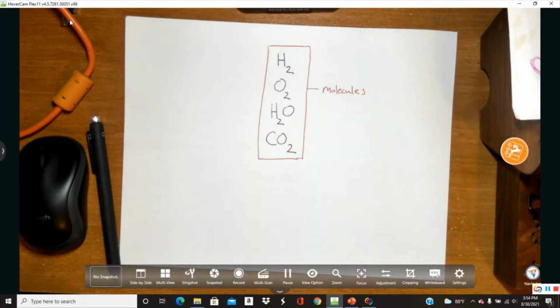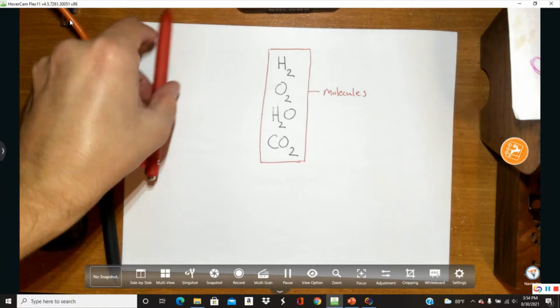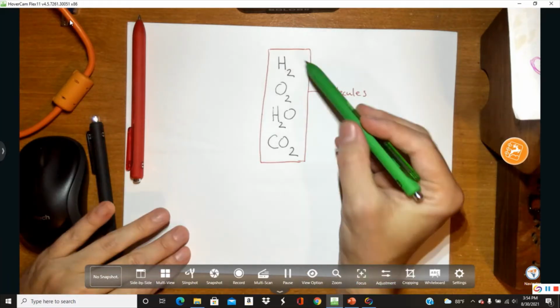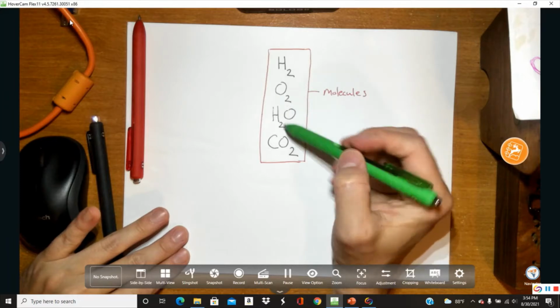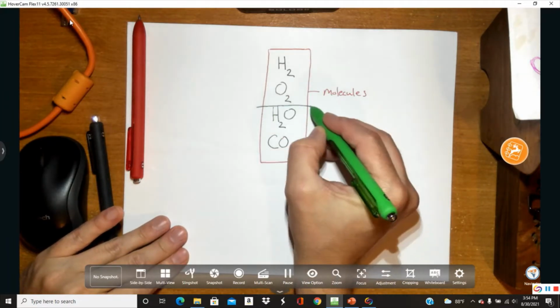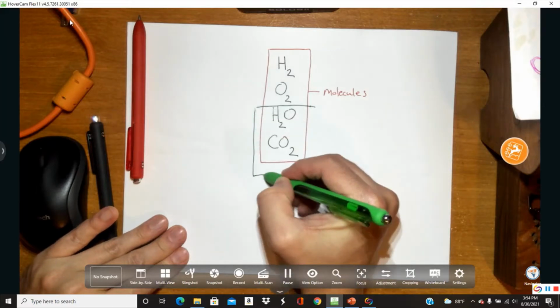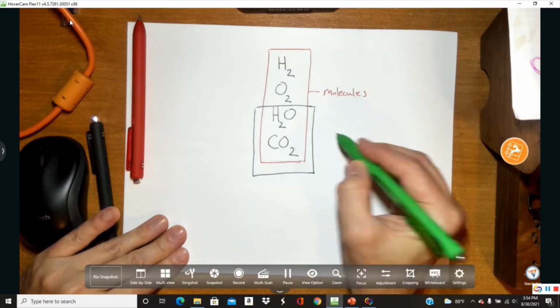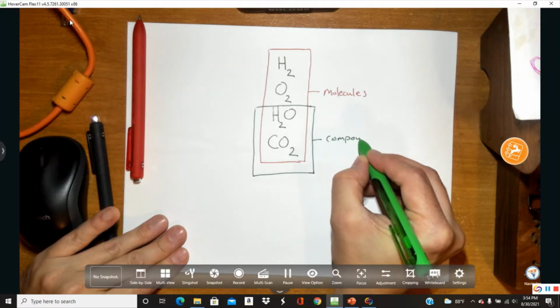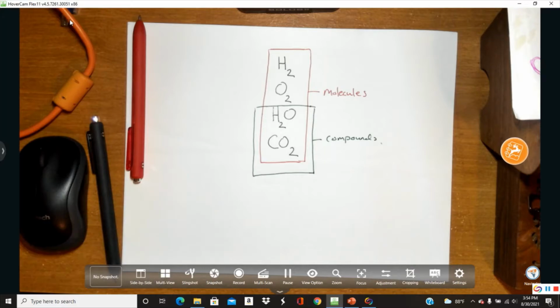Now, remember my analogy discussing the ice cream, that I could go get 2 or more scoops at the ice cream parlor. I could get the same flavor or mix and match flavors. We're still getting an ice cream, still getting 2 or more scoops. So what I like to mention is that compounds are 2 or more atoms of different elements.